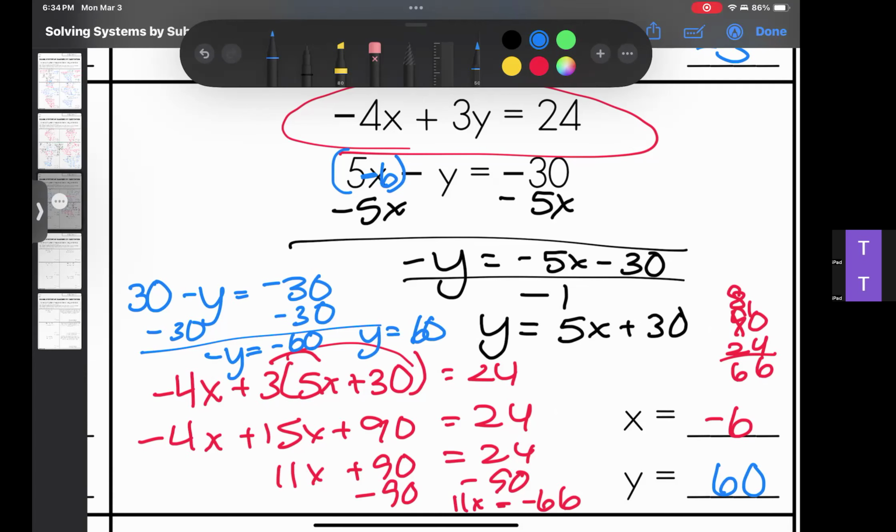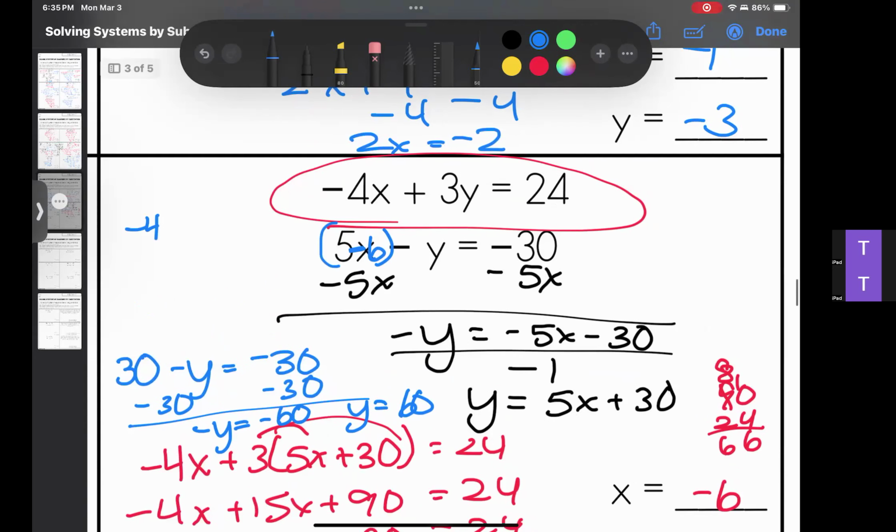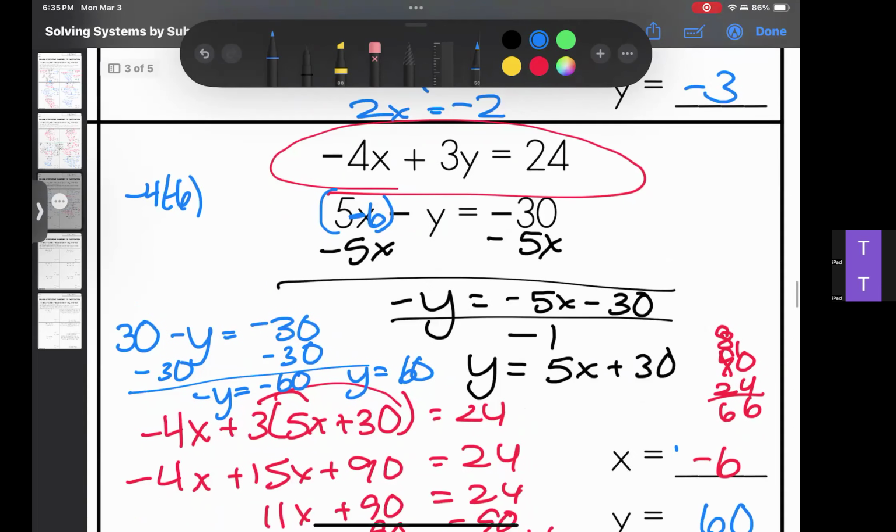If we test it, it's big, it's bad, it's beautiful, but let's test it. So -4 times -6, right? Because that's our x value. Plus 3 times 60 equals 24.